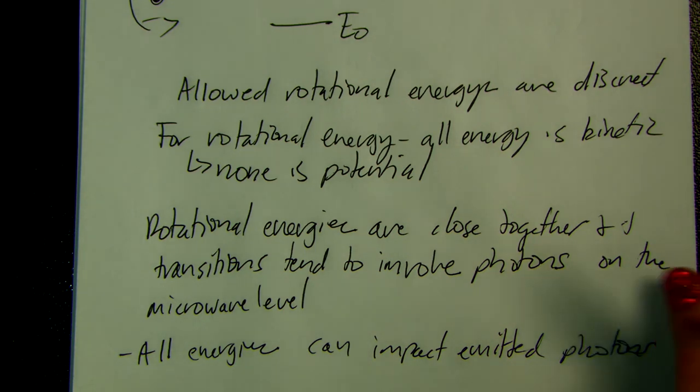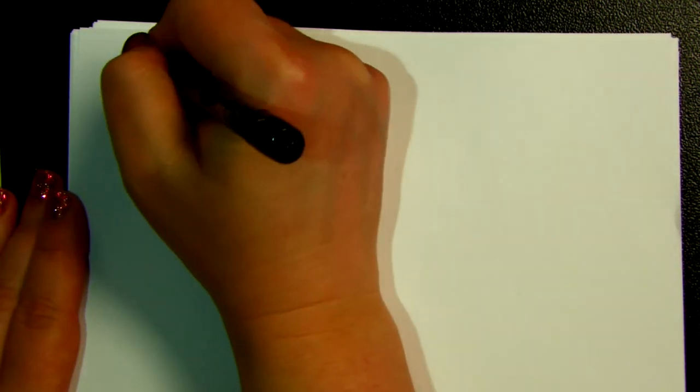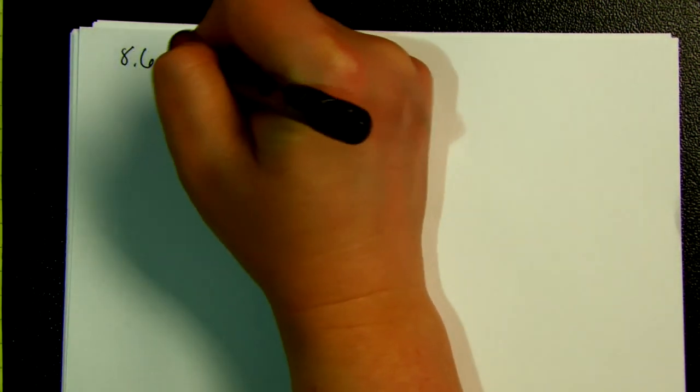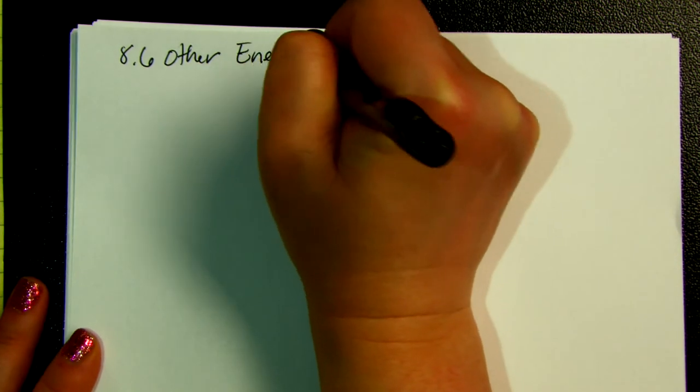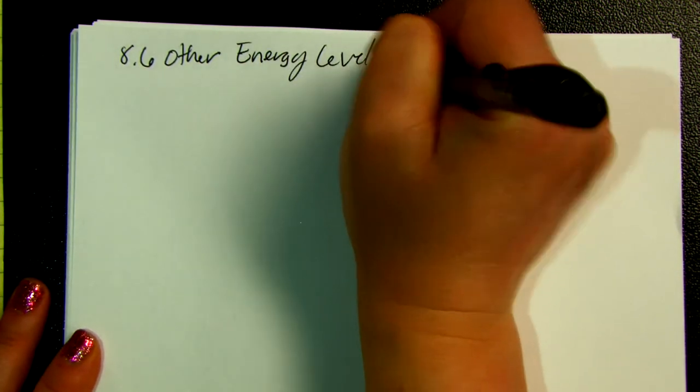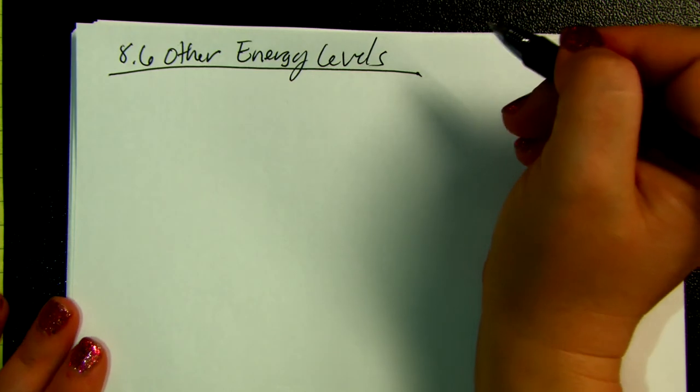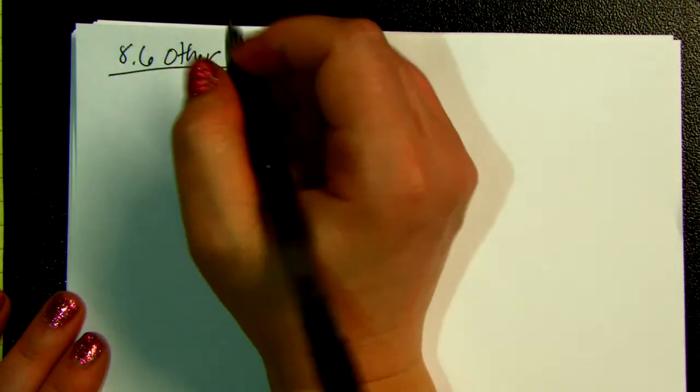Okay, so moving on to other energy levels. So right now we're just doing an overview of all of these different quantum states. We can lay this really fun foundation on which to build. And you realize that your world is not what you thought it was.